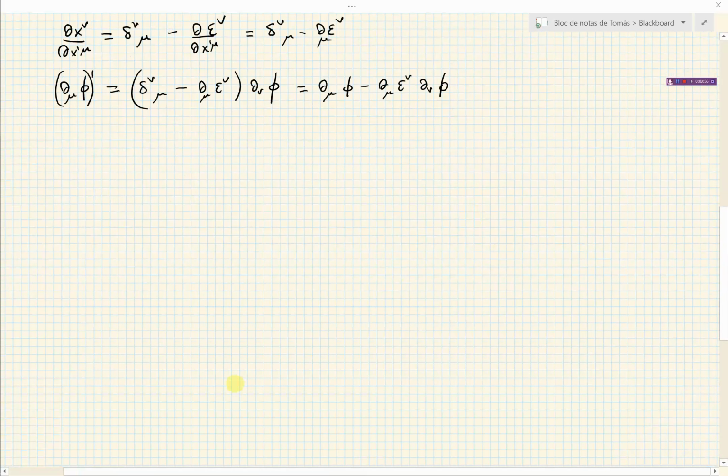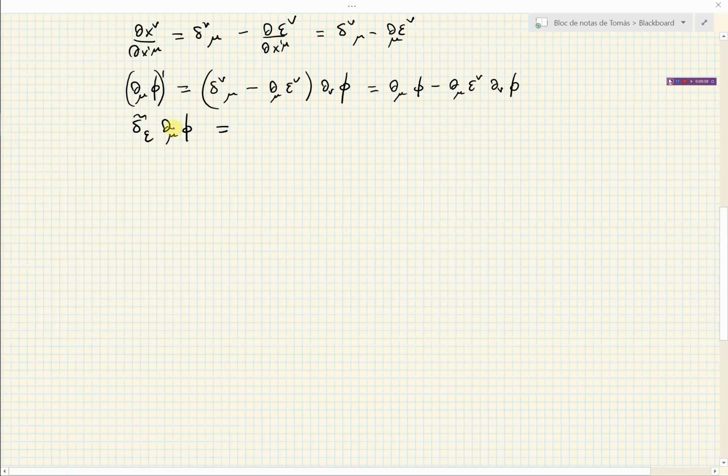Then by definition, delta tilde epsilon of partial mu of phi is given by minus partial mu epsilon nu partial nu of phi.